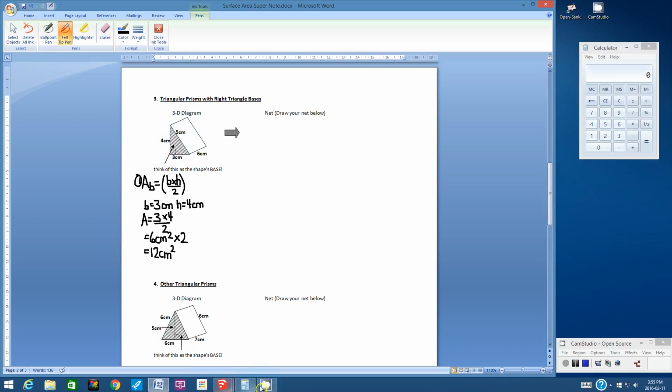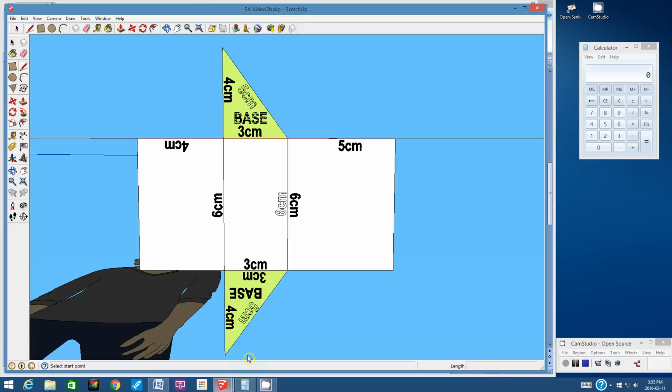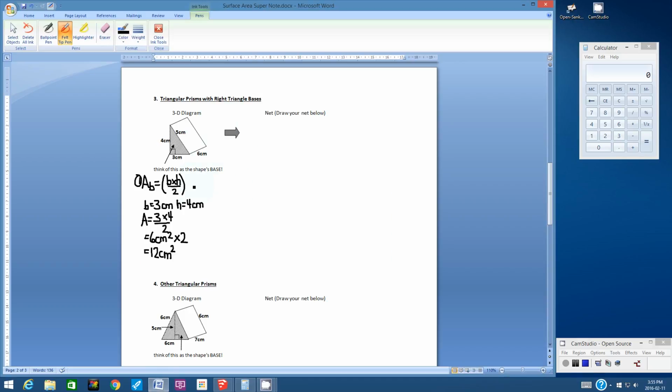Okay, so let's pick a rectangle that you want to start with. How about we start with this rectangle? We have a length of 6 and a width of 4. It is a rectangle, so let's make sure that we're using the right formula. Area of rectangle 1 equals length times width.